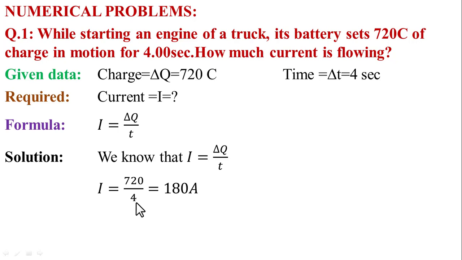Calculating 720 divided by 4, the current I is equal to 180 ampere. So the final answer is: the current I is 180 ampere.